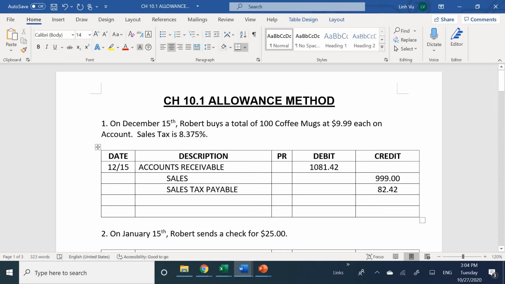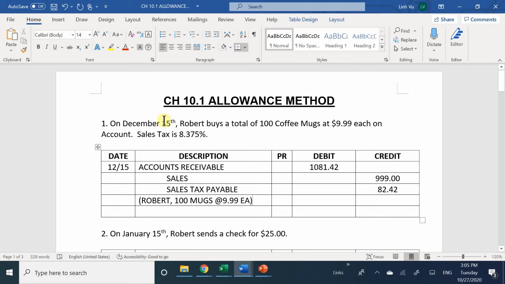Good. And then in parentheses here, you could go ahead and write, this is Robert. You can write whatever you want to write. So Robert, 100 mugs at $9.99 each.